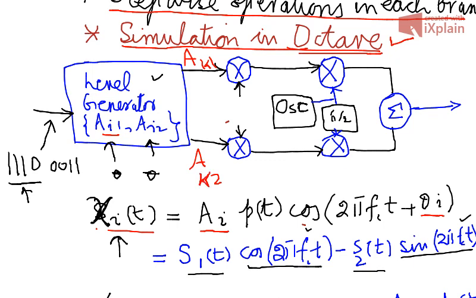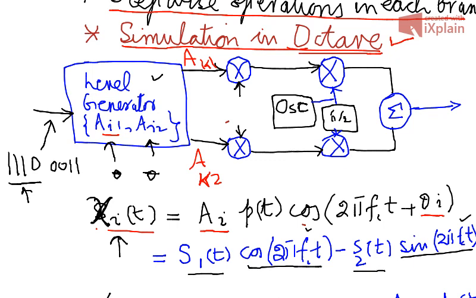I or K, these are just subscripts. K is just an index, which represents symbol number 1, symbol number 2, symbol number 3, and so on. So the first, AI1, goes here in the upper branch, and the second, AI2, which is selected by the level generator, goes to the second branch.